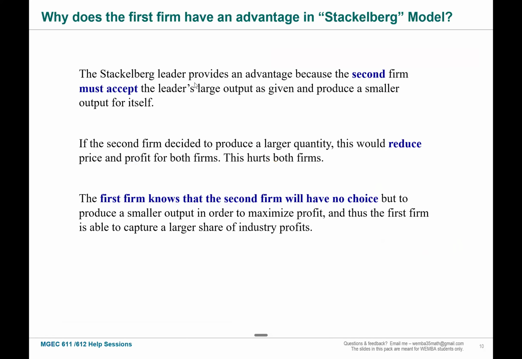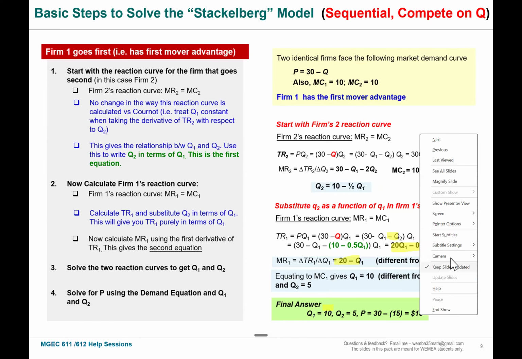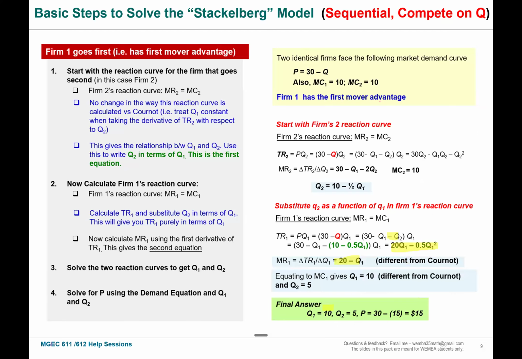Okay, so the Stackelberg leader has an advantage. Why does the first firm have an advantage in Stackelberg? The advantage is here, with the same sort of structure and conditions that we did for Cournot.